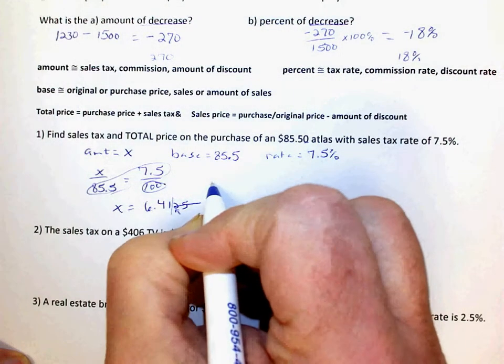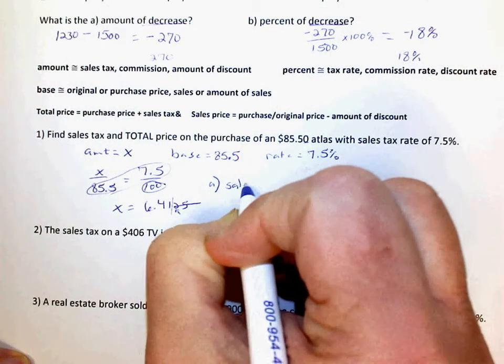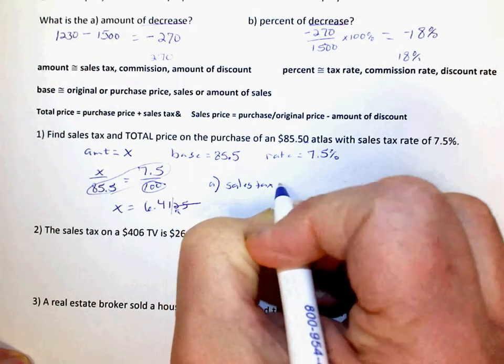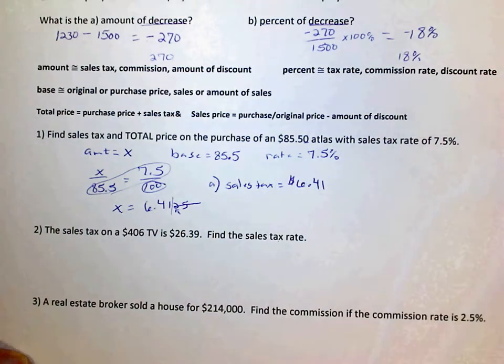So on part A of this, our sales tax is equal to $6.41.